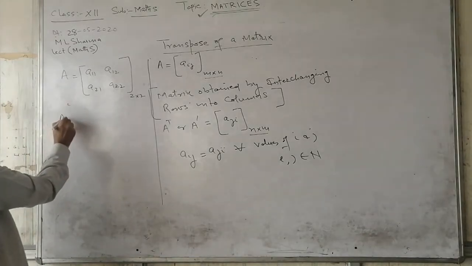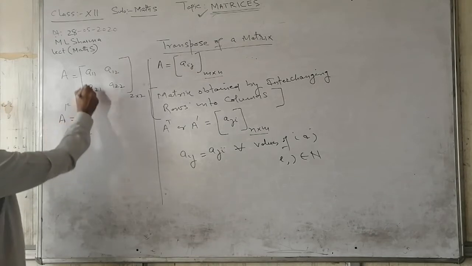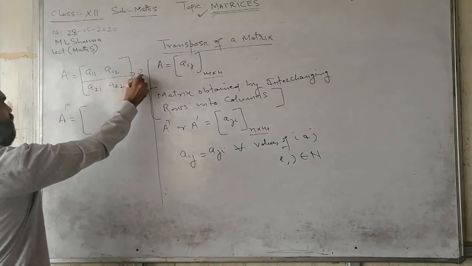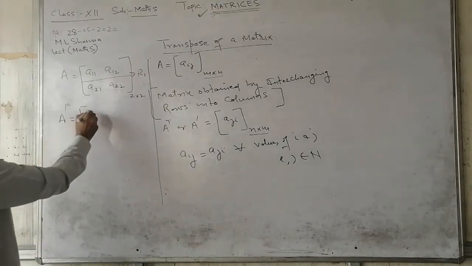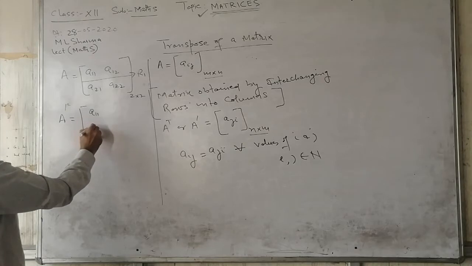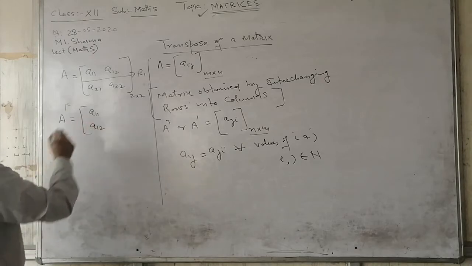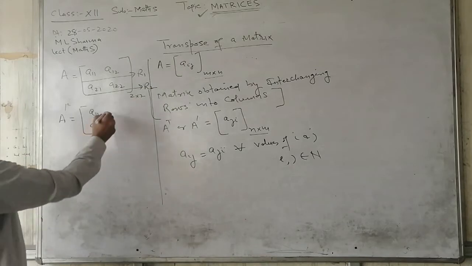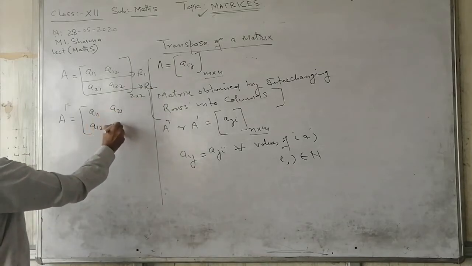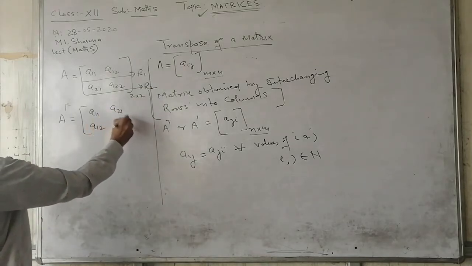So if I have to find its transpose, now this row R1 is to be changed into C1. So I can write A11, A12, and the second row is to be changed into the second column.